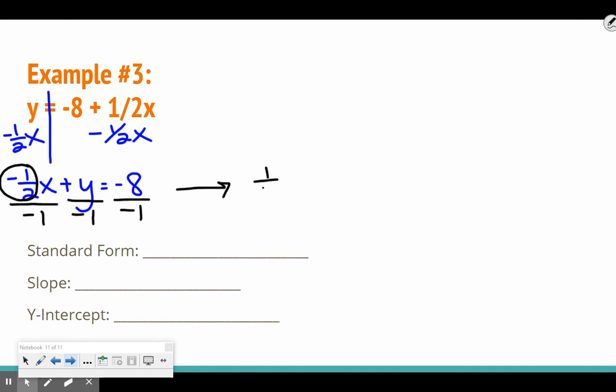So I have a positive 1/2 x, a negative y, and a positive 8. Okay, so now that my a is positive, oops, I want to have a negative here. Negative y equals positive 8. That's my standard form.